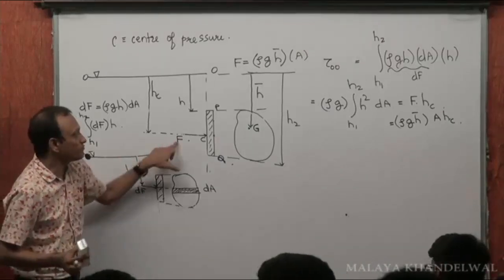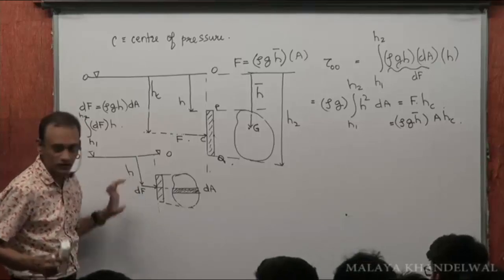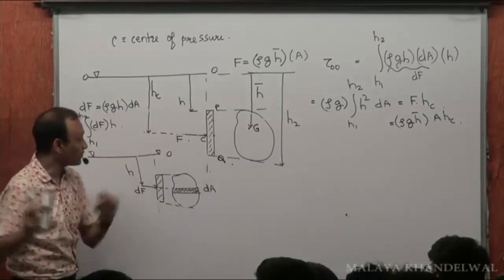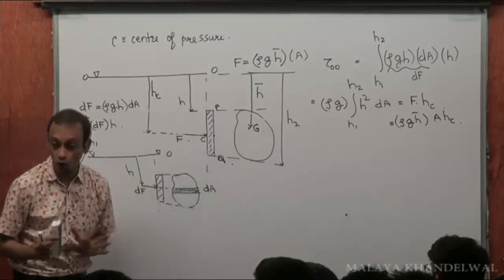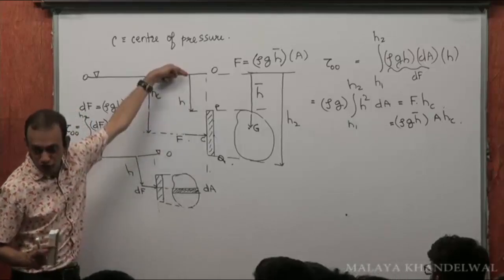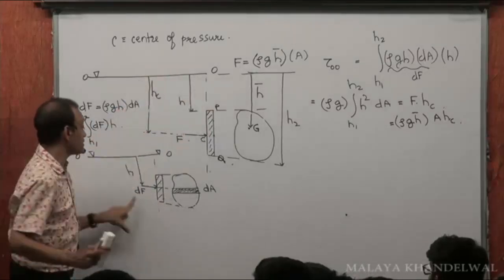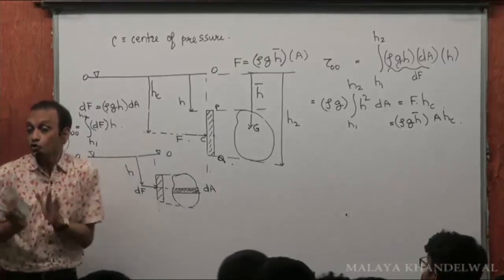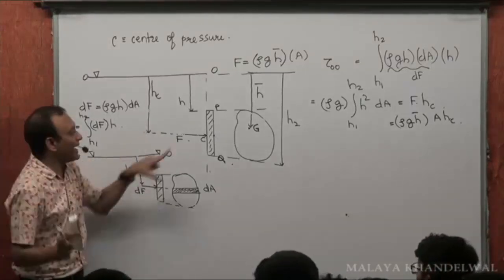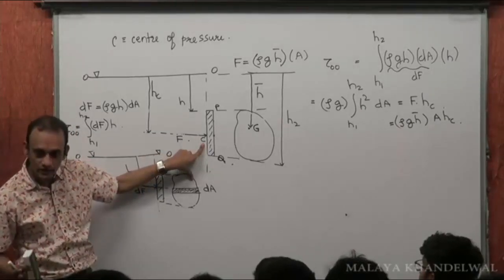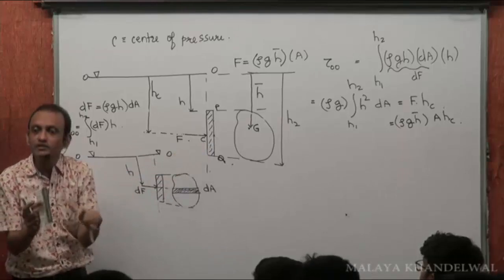Now this total force F, which is the sum of all these dFs, I want to apply at a certain point C on the submerged surface, so that the torque produced by F about the free surface is the same as the torque produced by the various dFs about the free surface. You know what I'm saying? So that's the definition of center of pressure.